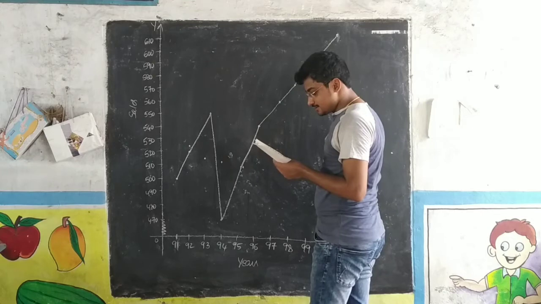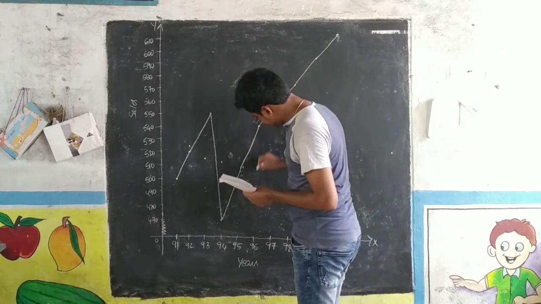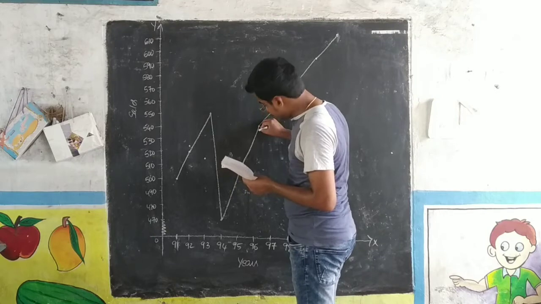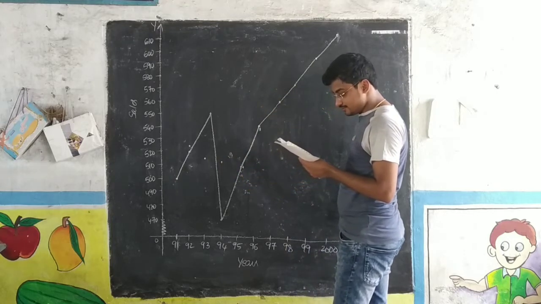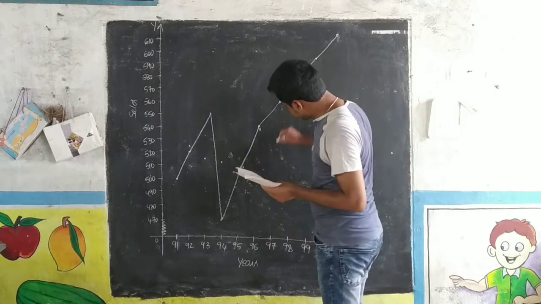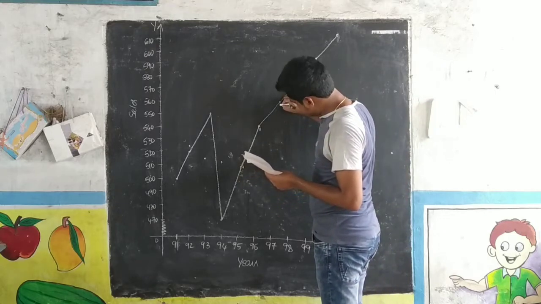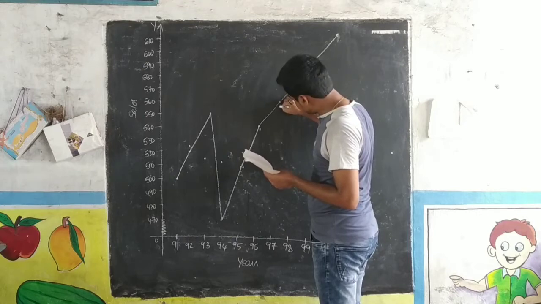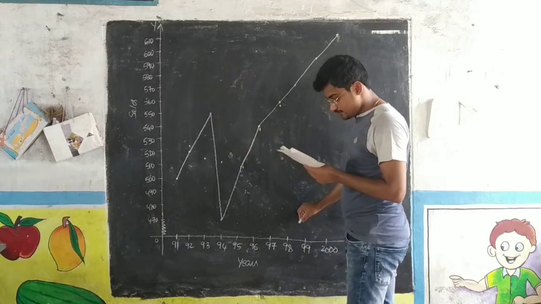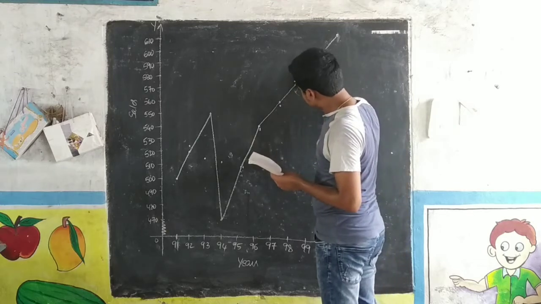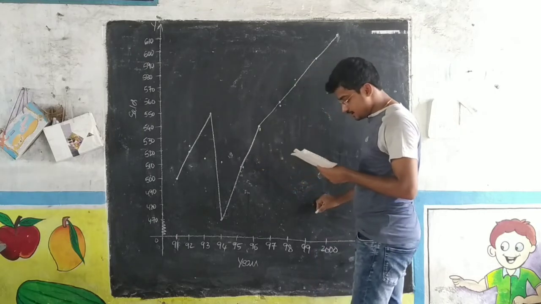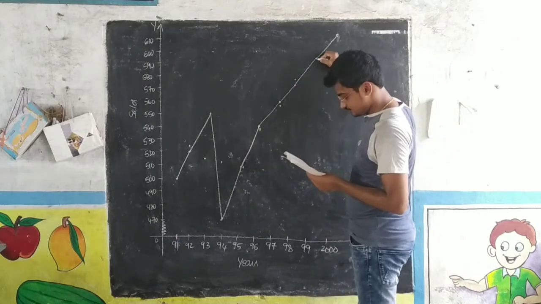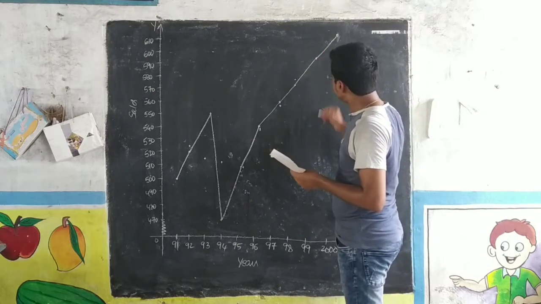1996, 537. 1997, 557. 1998, 573. 1999, 590.